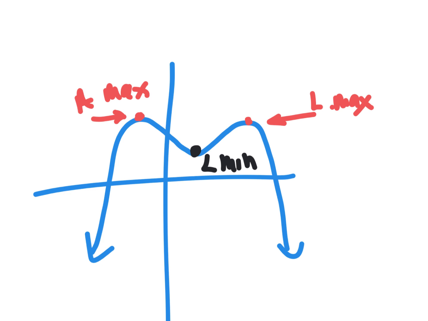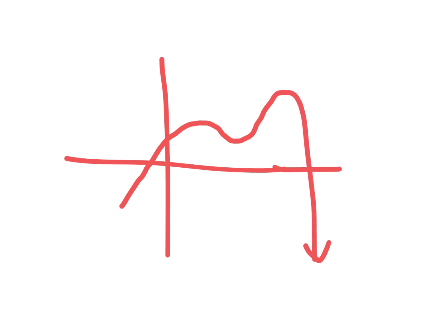All right. So this one I want you to actually take notes on. Make a graph that has two peaks and a valley. This is going to be at 3, 4.